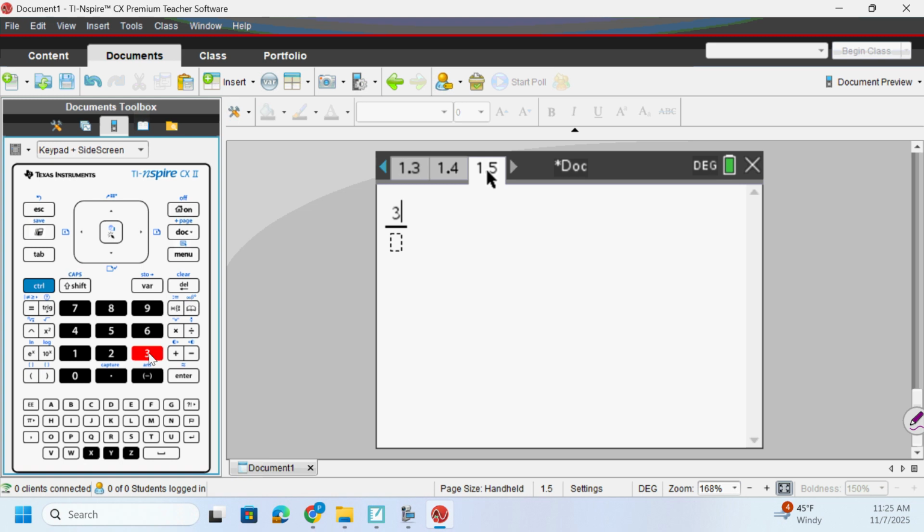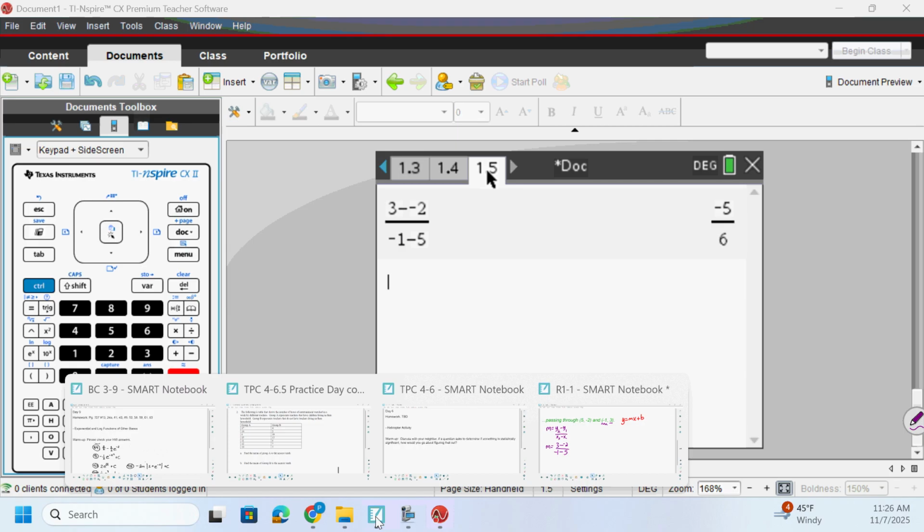I'll put in 3 minus a negative 2. Now minus a minus is a plus, so if you just wanted to directly do that as 3 plus 2, that's fine as well. And then in the denominator we have negative 1, and then minus 5. Let the calculator take care of simplifying it, and we get negative 5/6.